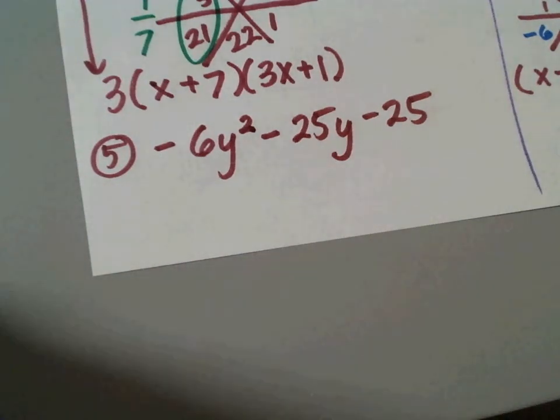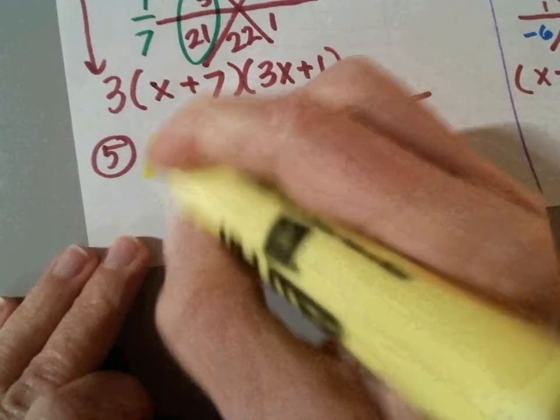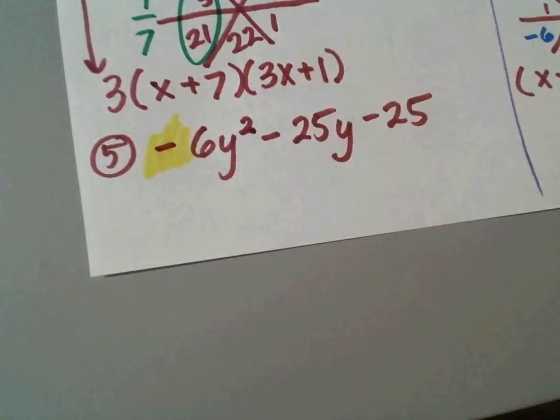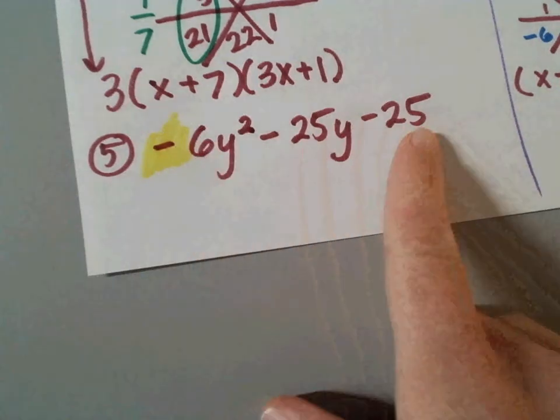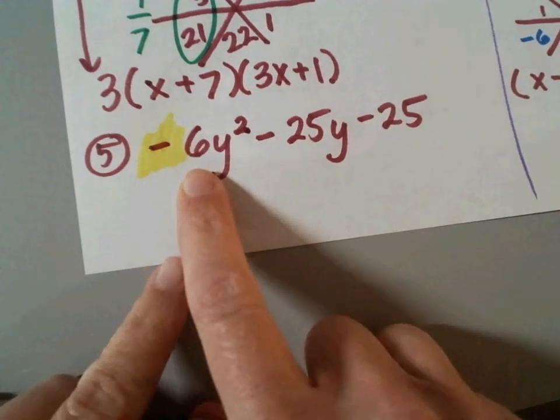The new thing with this is what's it start with at the very beginning? A negative. If anything ever starts with a negative, you have to factor out the negative first.